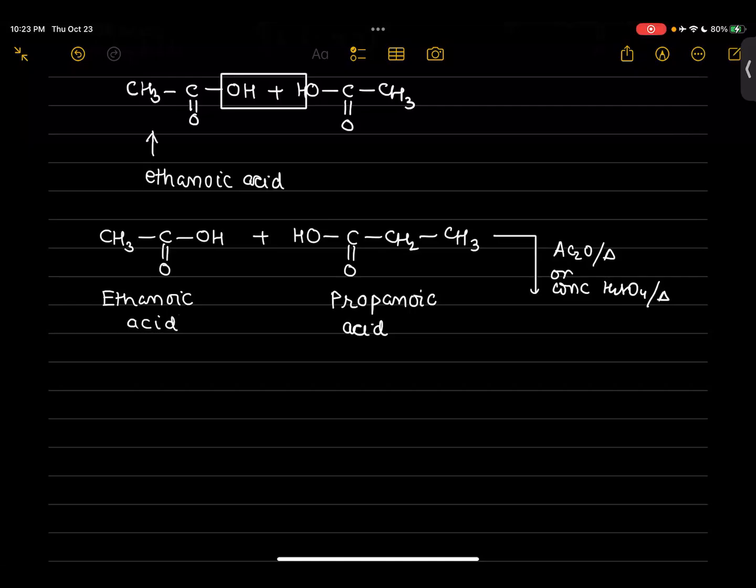Now when you heat them with concentrated H2SO4, or simply heat may be mentioned, or acetic anhydride and heat, Ac2O heat. Got it? Is it clear? Yes. So water will get removed, and these 2 acids which were separate will now join together through that oxy linkage and become an anhydride.